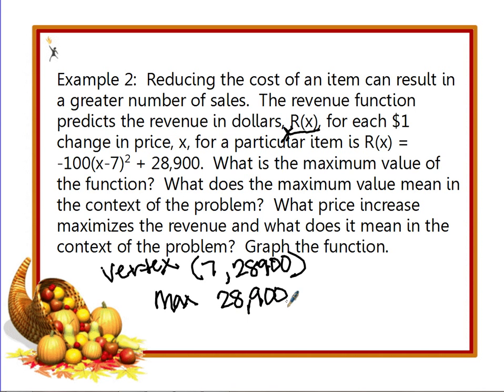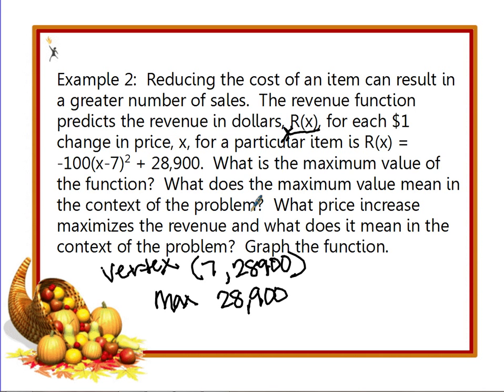Well, our 28,900 was a y value, right? Y value represented the revenue in dollars. So $28,900 as a maximum value means that you could make up to 28,900, but no more.